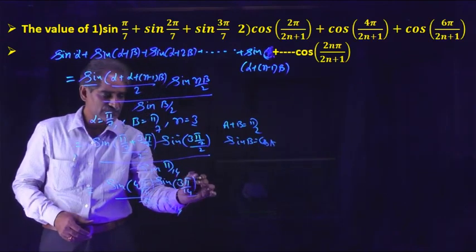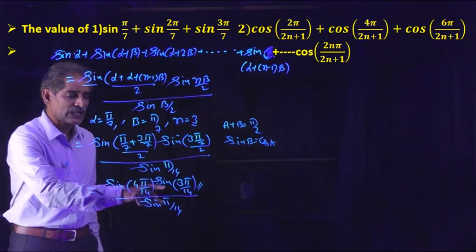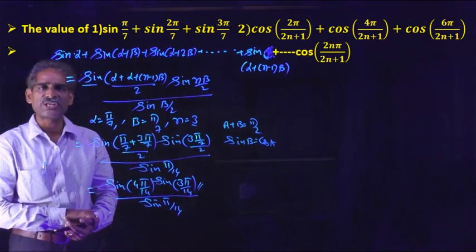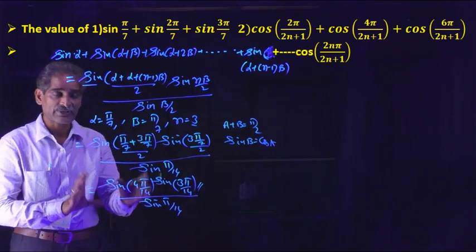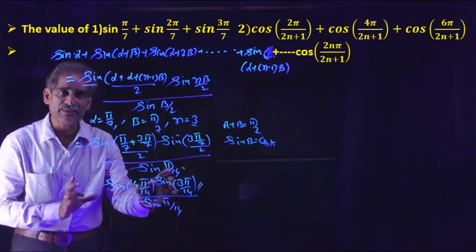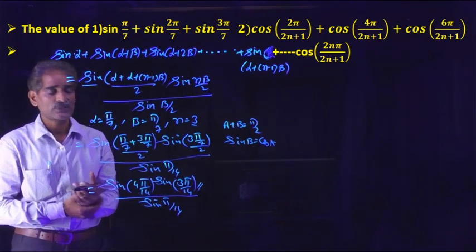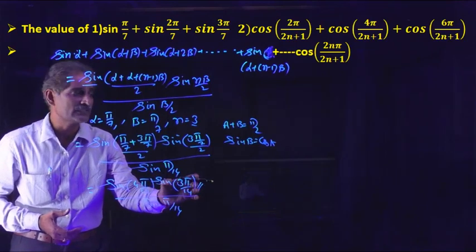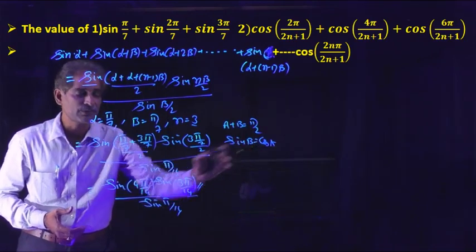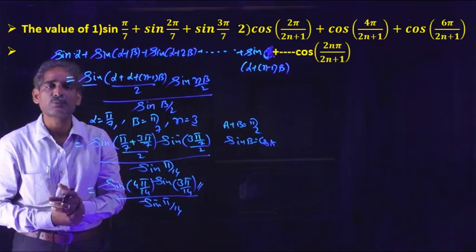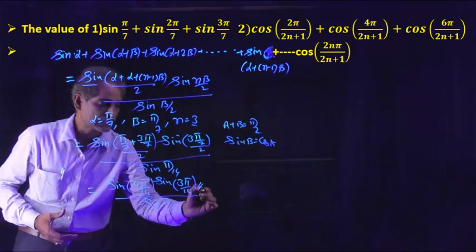Similarly, here in place of this, we can write cos of 4 pi by 14. So our aim is how to write the same angle for both the functions. Then we will get a formula. Here sin 3 pi by 14 is nothing but cos 4 pi by 14.